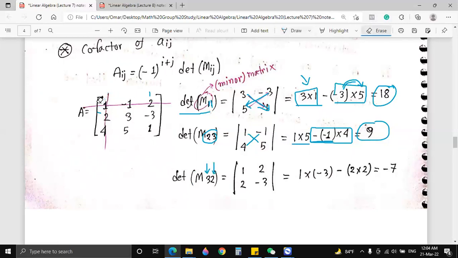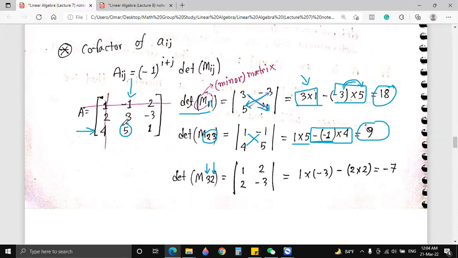So this is our third row, and column number 2 is here, okay? So our entry is here, right? So this entry is in the position of third row and second column, okay? That's why we write down this way, M32.